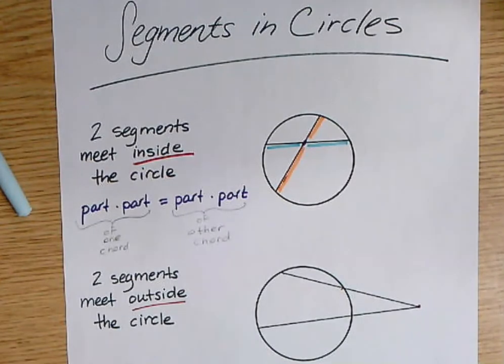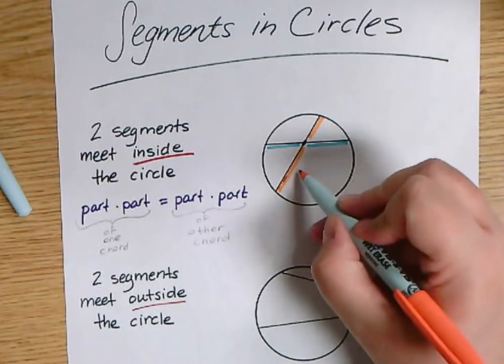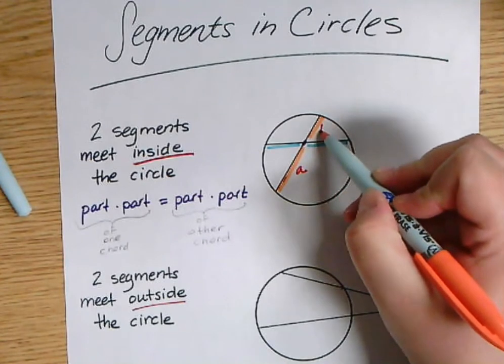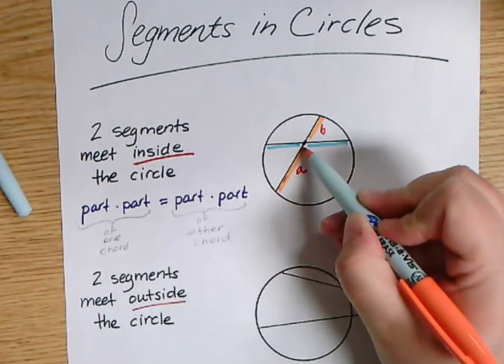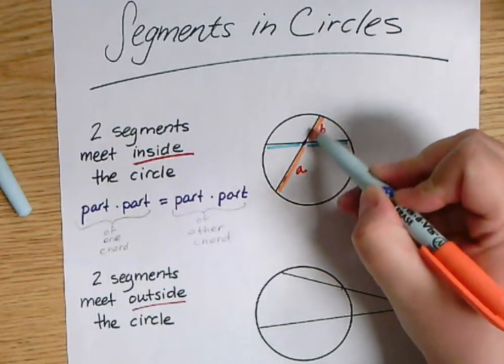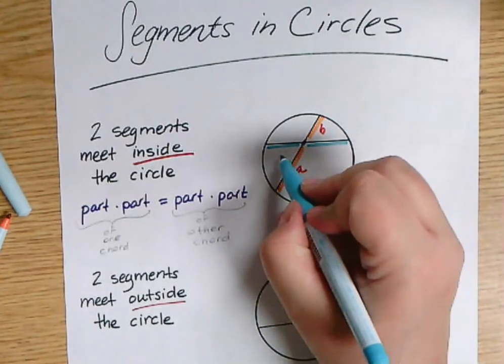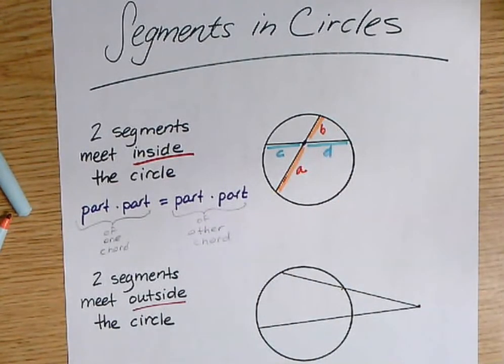Let's use some variables to stand for those lengths. I'm going to call this part A and this part B, meaning A is the length of this portion of that chord, and B is the length of this segment in that chord. And then I'm going to come over here and call this C and this D. Now we can rewrite that little device.